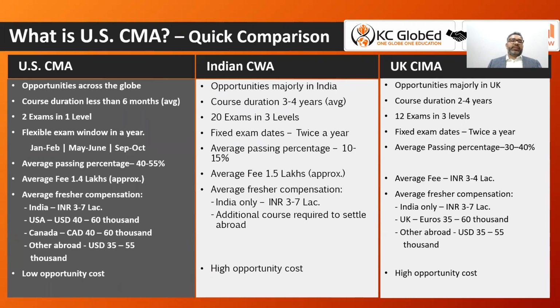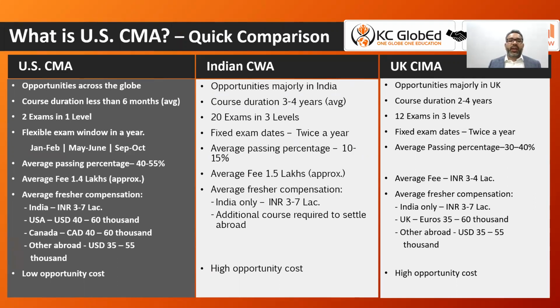It means if you're starting initially on an average at 5 lakh rupees, after 3 to 4 years of experience, while your peers would just be completing ICWA or UK CIMA, you would be 3 to 5 years ahead of them. And 3 to 5 years of experience will take you to the mid-level of management, where your compensation would easily be between 18 lakh and 25 lakh rupees.